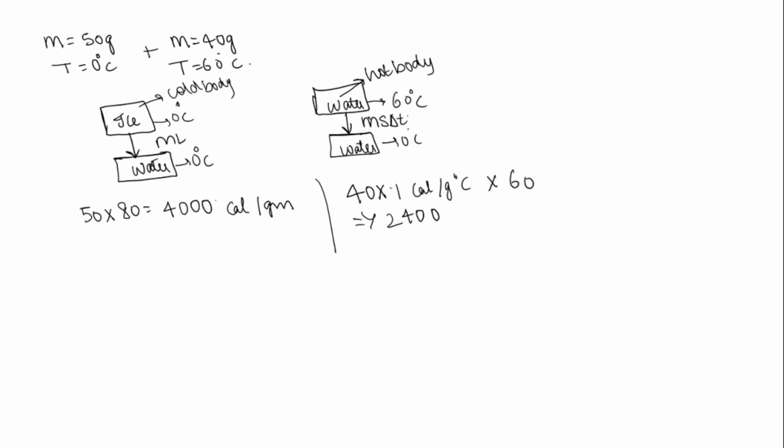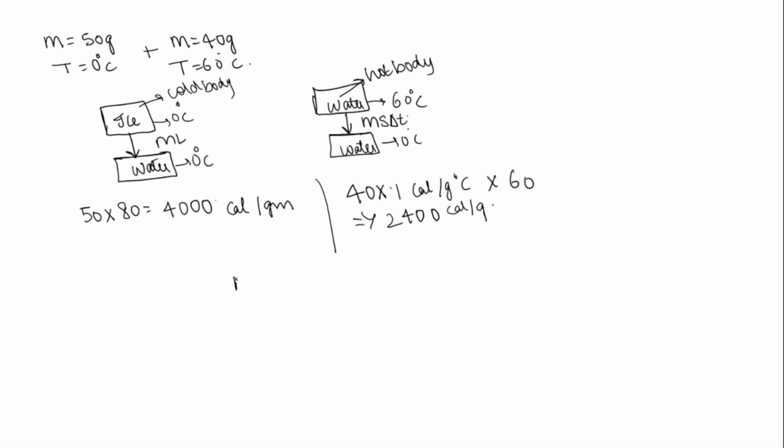The amount of heat required to change water at 60 degrees Celsius to 0 degrees Celsius is 2400 calories, and the amount of heat required to change ice at 0 degrees Celsius to water at 0 degrees Celsius is 4000 calories. So the heat required is greater than the heat supplied. So the ice doesn't melt completely, because it will not get a sufficient amount of heat to melt, since only 2400 calories is given.